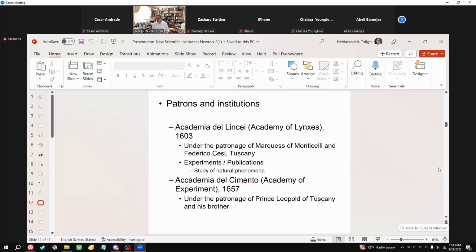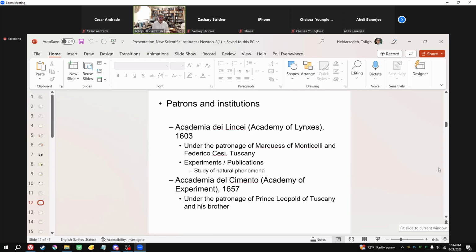I do an observation, I come up with a new idea, and I immediately publish about this. How can I do that? Somebody should support me. And we had this academy which supported them, and they were able to publish a pamphlet or a short article. And later, as we will see, it took the form of a scientific journal, which they were able to publish monthly or bimonthly, and so on.